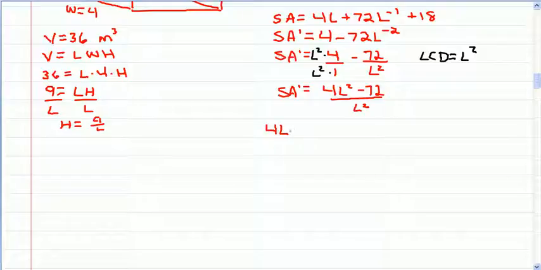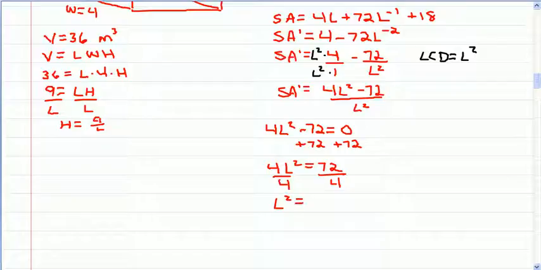So I take 4L squared minus 72. I just need to take the numerator of the first derivative and set it equal to 0. So that 4L squared equals 72. So that L squared is equal to 18.